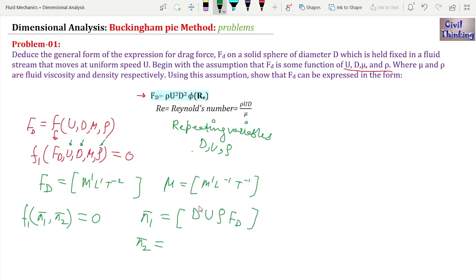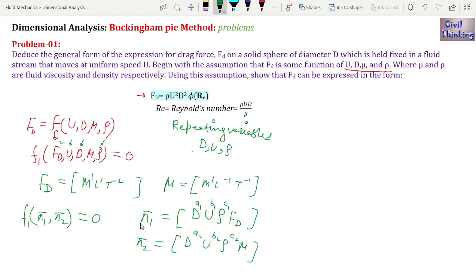Pi 1 equals d raised to the power a1, u raised to the power b1, rho raised to the power c1, multiplied by fd, and pi 2 is d raised to the power a2, u raised to the power b2, rho raised to the power c2, multiplied by the other non-repeating variable. I have already used fd in pi 1, so in pi 2, I will use mu.